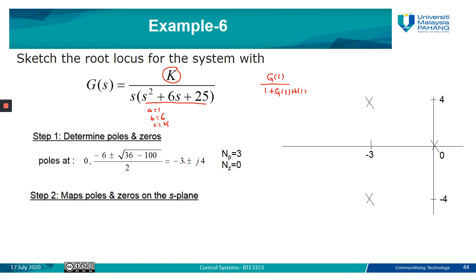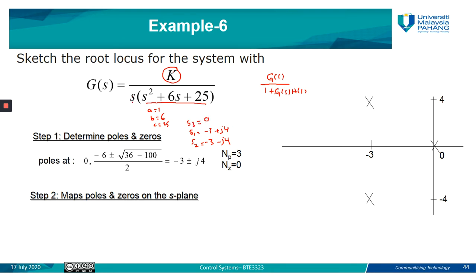So the roots for this equation are s1 equal to negative 3 plus j4, and the second one s2 equal to negative 3 minus j4. In addition, we have the third one, s equal to 0.